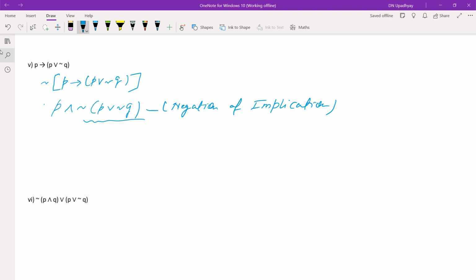Here, look, what is there is or. So or means what? Negation of disjunction, right? So P and negation of second term. So here it is nothing but negation of disjunction.